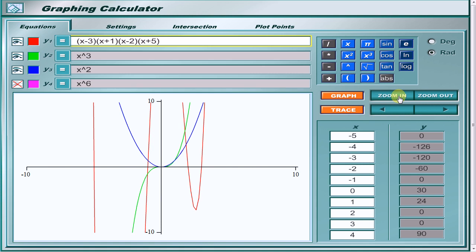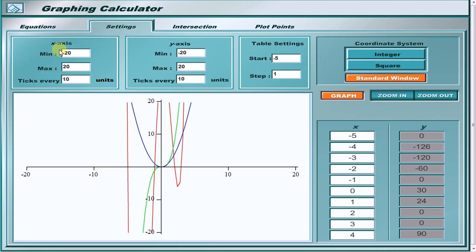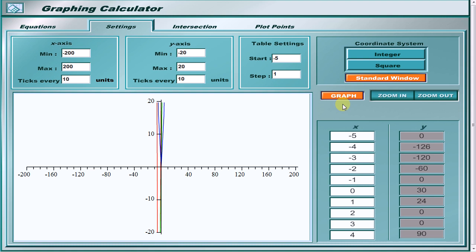I wonder how to change the, oh, here we go. So let's say on my x-axis, I want to take that out some. So let's go something like that. And take my y-axis, something like that. And then we'll zoom in from here. Well, there it is.